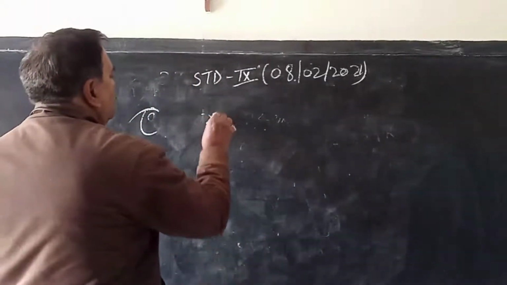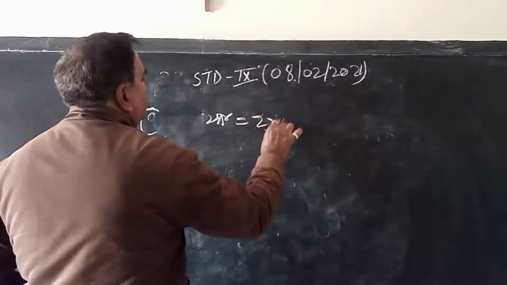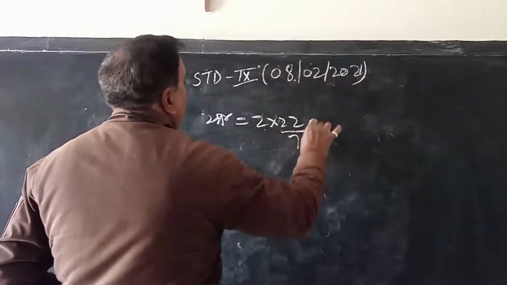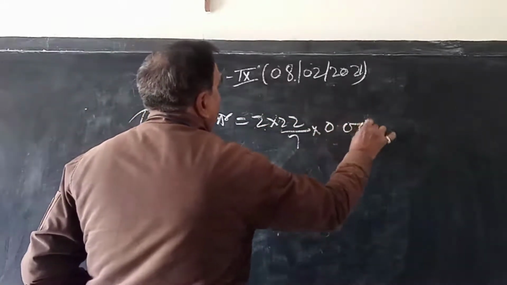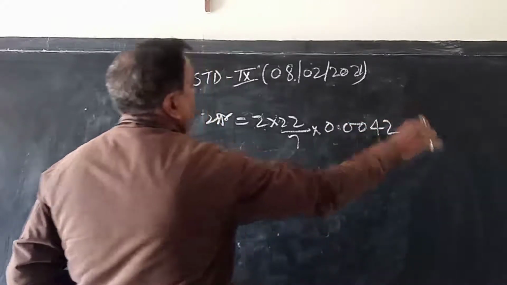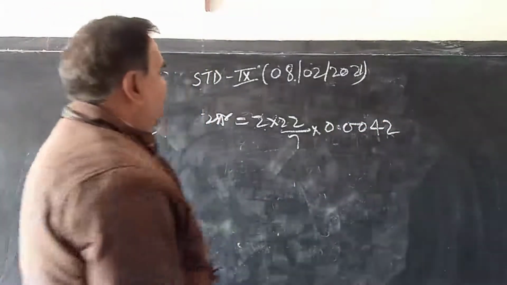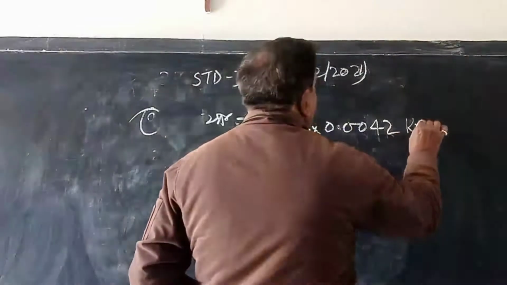Circumference is equal to 2 pi r, that is 2 into 22 by 7 into 0.0042. This is in kilometer.